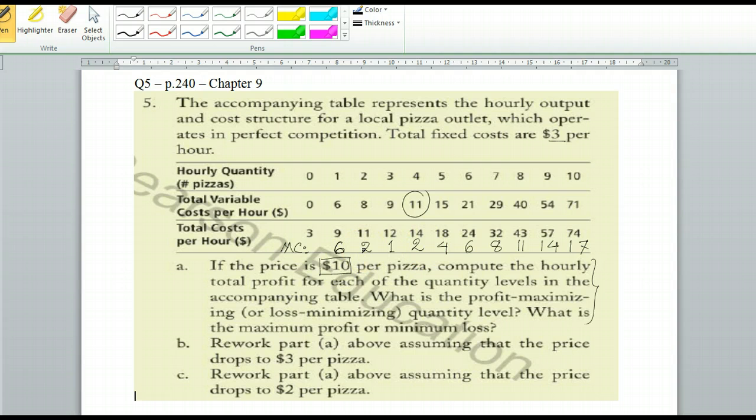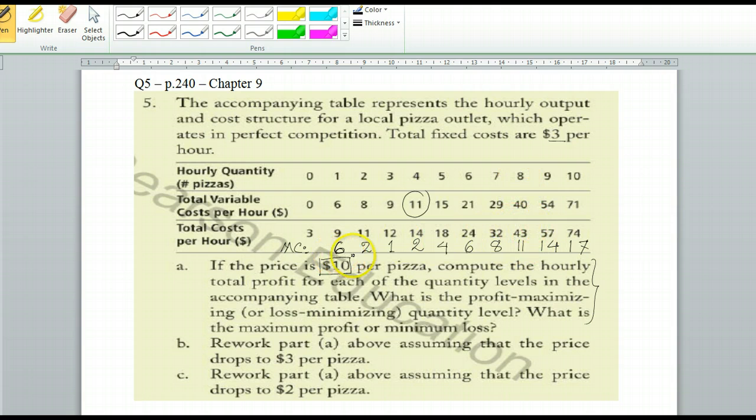So if marginal revenue is $10, this firm is going to produce up to 7 units, because that's the last unit where marginal cost remains less than or equal to $10. Beyond this 7th unit, the 8th unit costs $11 extra but brings only $10 extra revenue, so it doesn't make sense to produce this 8th unit.